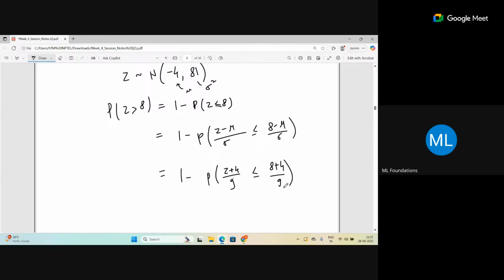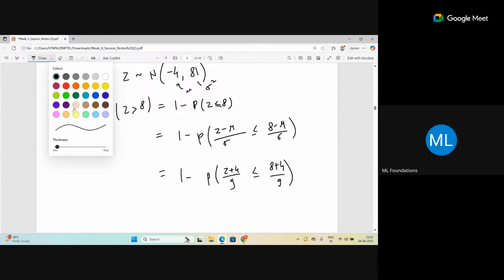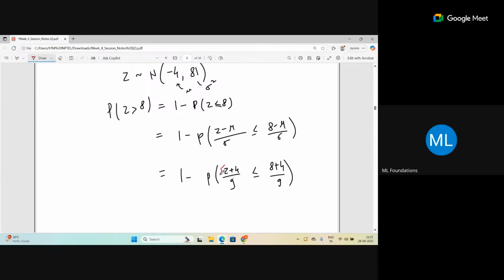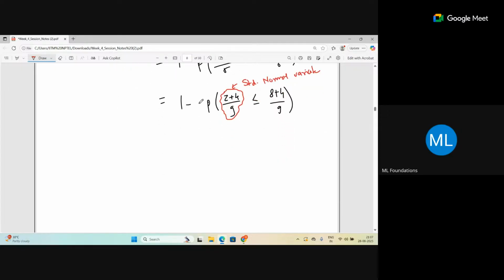Is that okay? This term here is a standard normal variate. Generally we use Z as the notation, but I'll just write it down as standard normal variate.